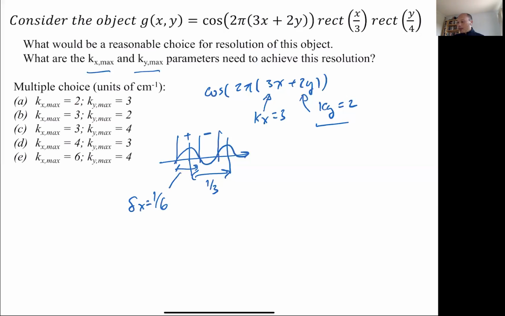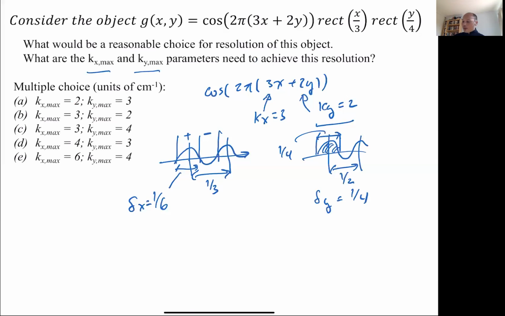Similarly here, if I drew this, it has a period of 1/2. So a reasonable choice of resolution would be 1/4, which would represent the width of one of those lobes.